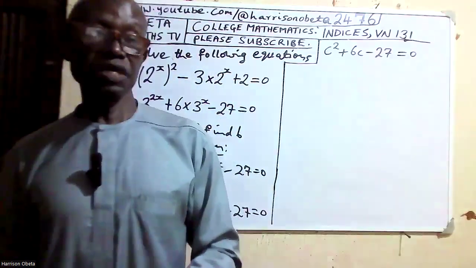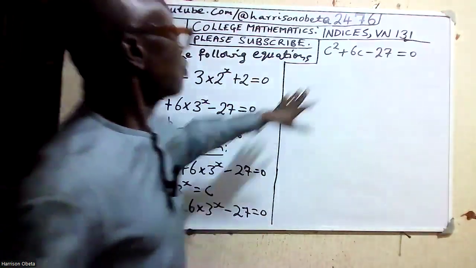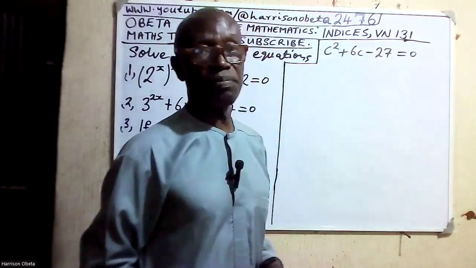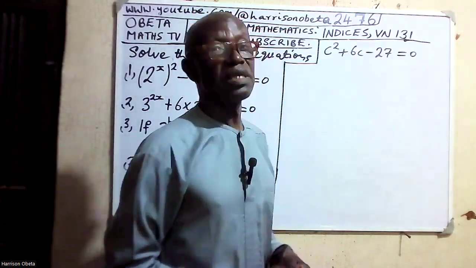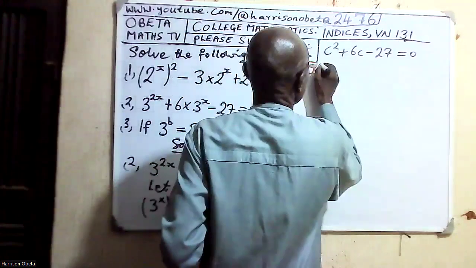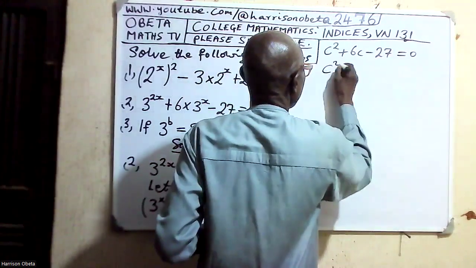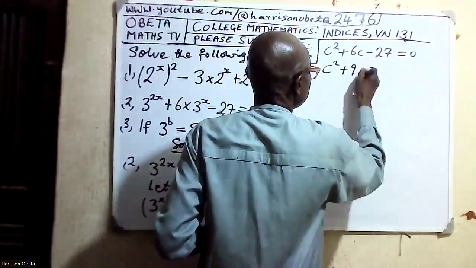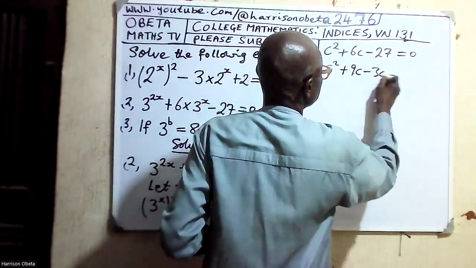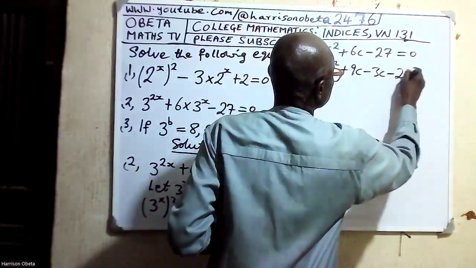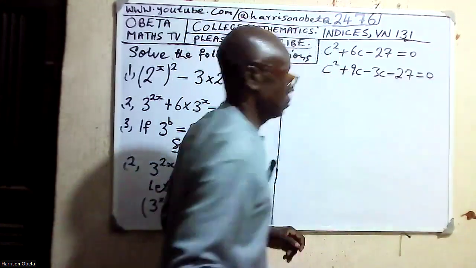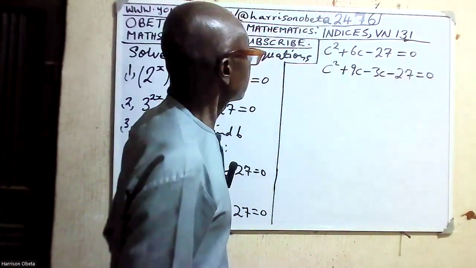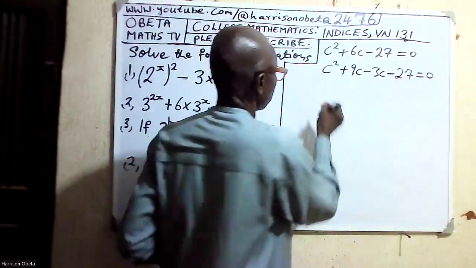Then you check the one that will be negative because since we have positive here, it means that 9 will be positive, while 3 will be negative. So this will now lead us to c squared plus 9c minus 3c minus 27 equal to 0. And then in order to continue, we factorize as usual.